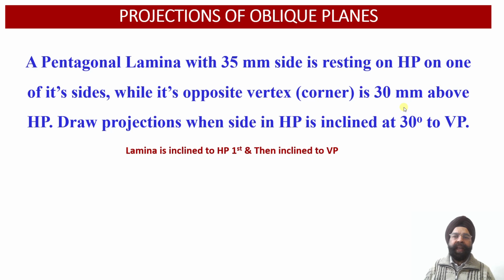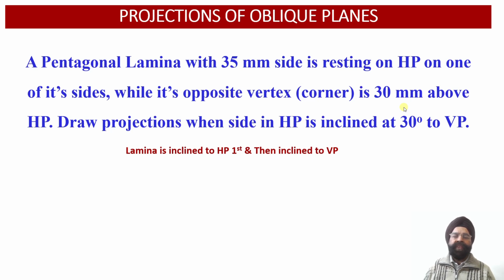Rather than the angle of inclination, the information available with us is that the pentagonal lamina is inclined with respect to the horizontal plane in such a way that it is resting onto the ground or HP on one of its sides, while the opposite vertex will be located at a height of 30 millimeter above the horizontal plane. Accordingly, we are going to evaluate the angle of inclination of the surface of this pentagonal lamina.